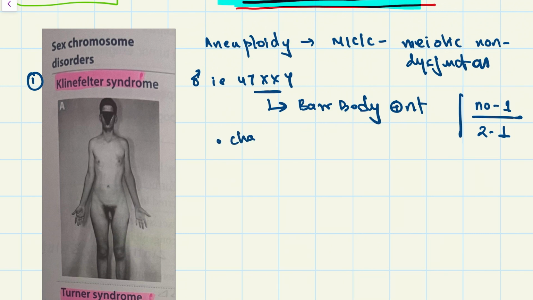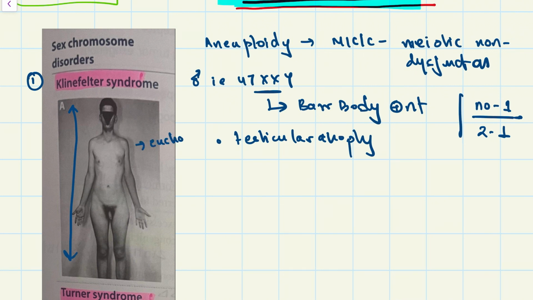It is characterized by testicular atrophy, a tall stature. Then you can see the proportions are eunuchoid, right? Why this happens is that there is delayed epiphyseal closure that leads to an increase in the length of the bones.